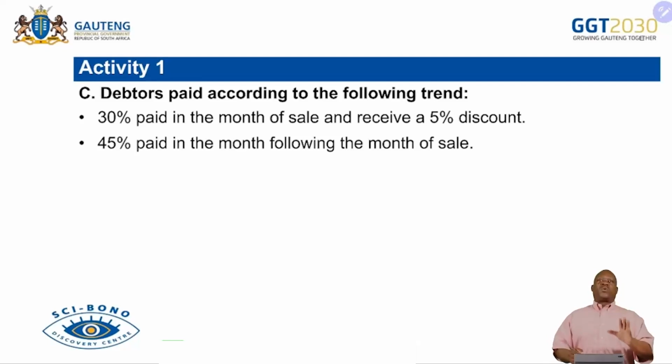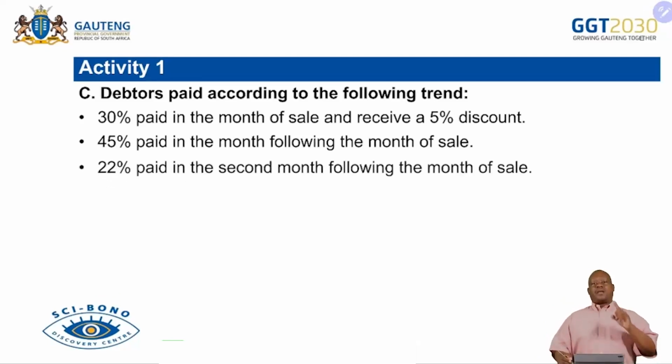So it means these ones, if they are buying in January, they are paying in February, 30 days later, a month later. And then we have got 22% that are paying in the second month. So if they buy in January, they skip February, they pay us in March, the 22%.